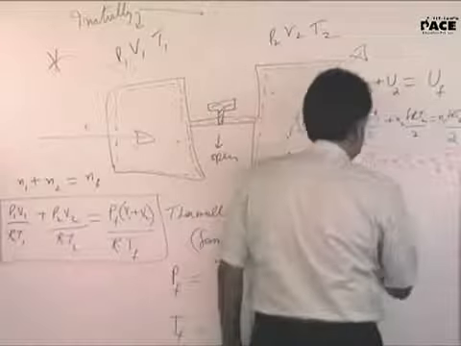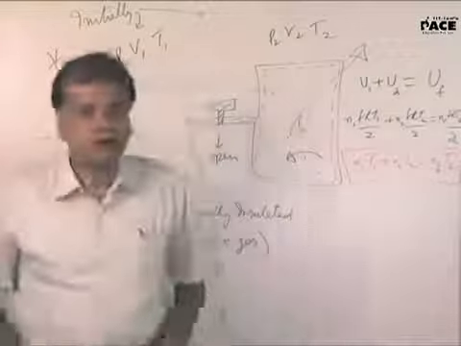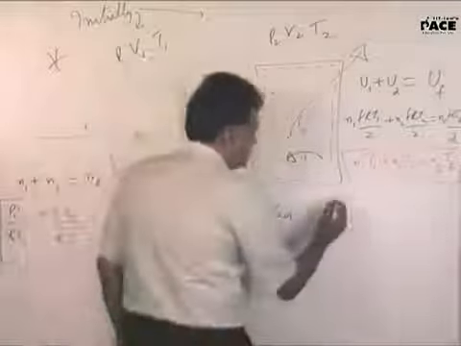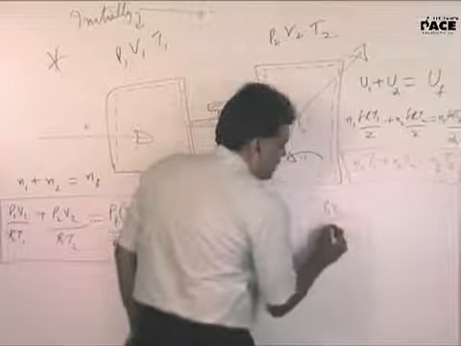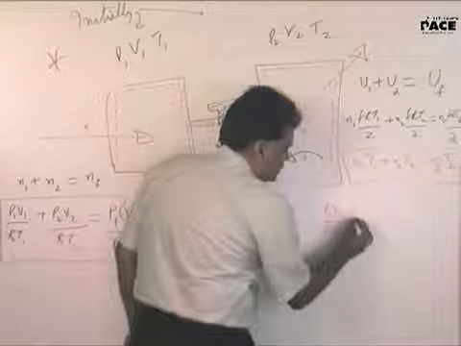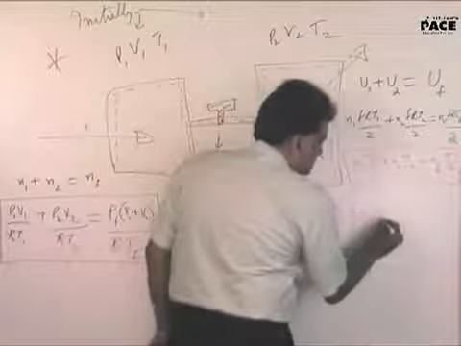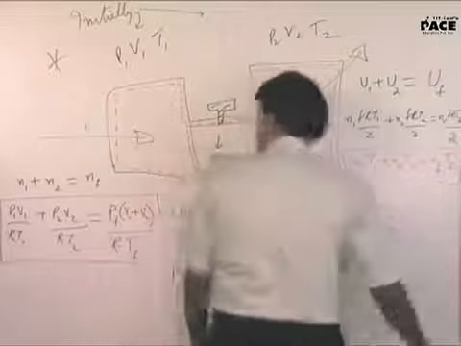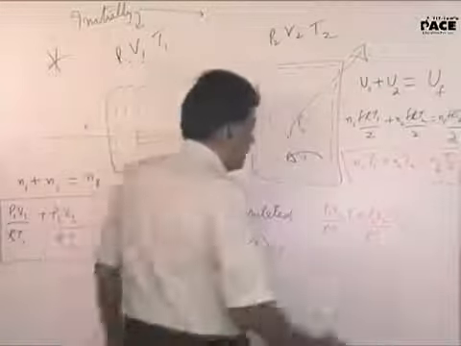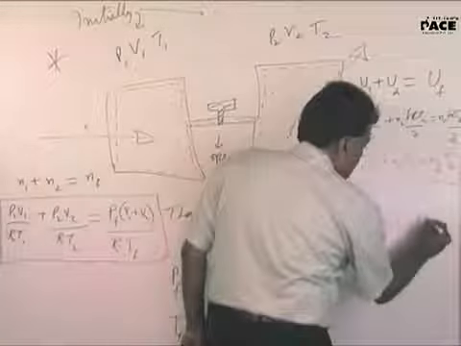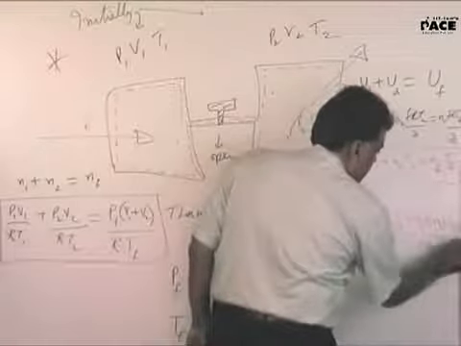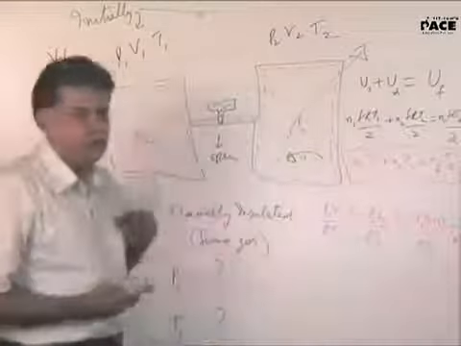As a second formula, we can rewrite it as P1 V1 by R T1 into T1 plus P2 V2 by R T2 into T2 equals NF, which is PF into V1 plus V2 by R TF, into TF. Well, that's the formula.